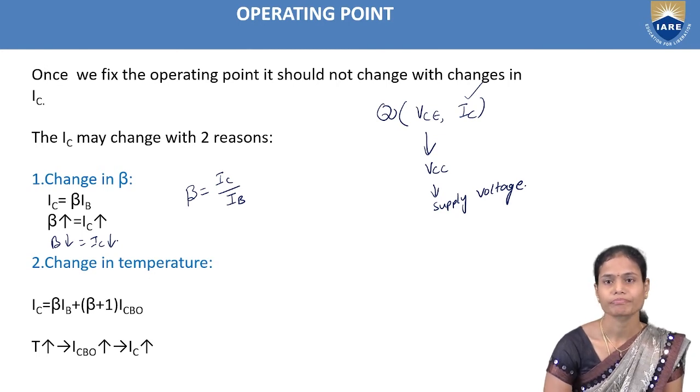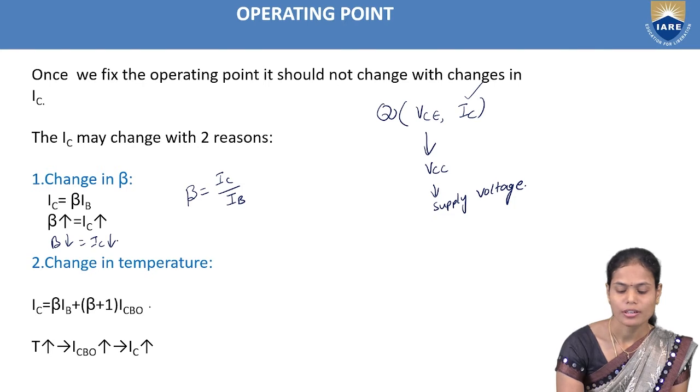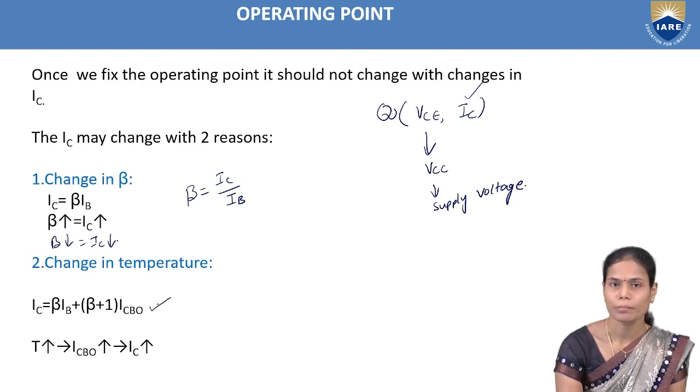Similarly, the collector current also varies with the variation in temperature. For that purpose, I am considering the output current equation of the common emitter configuration, that is IC equal to beta IB plus beta plus 1 into ICBO.